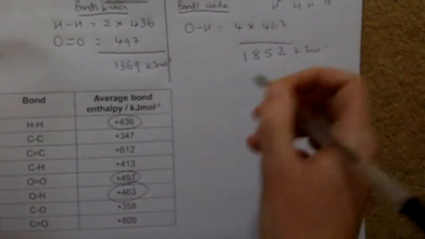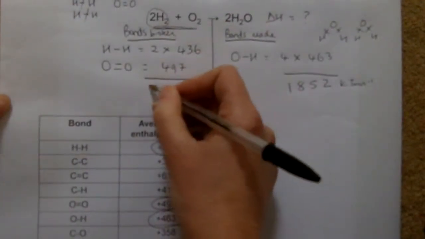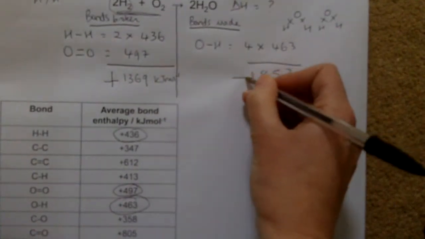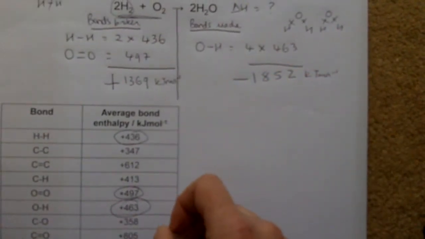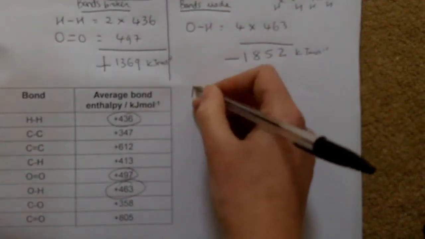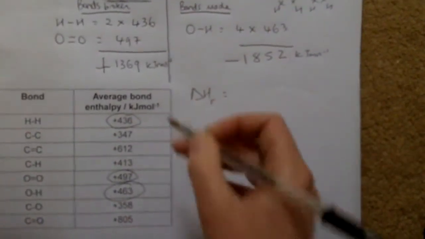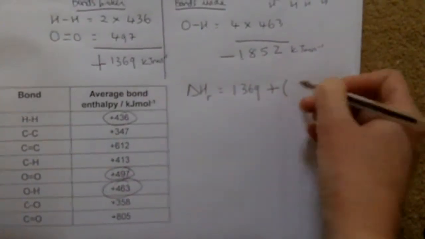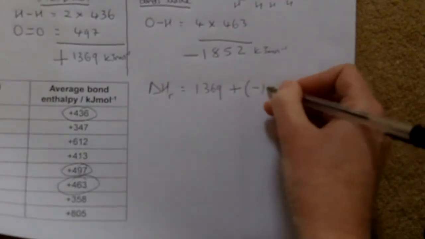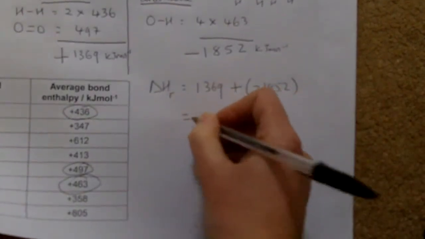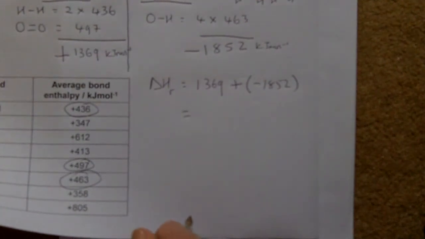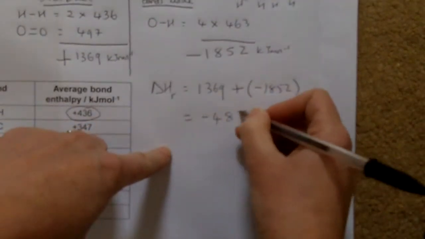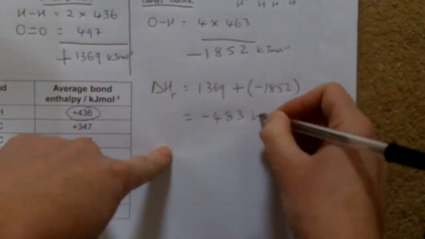And then you go, bond breaking needs energy, plus, bond making releases energy, minus. So when I work out the enthalpy change for this reaction, I take this 1369 and add the other number, and it gives me the answer, which is minus 483 kilojoules per mole.